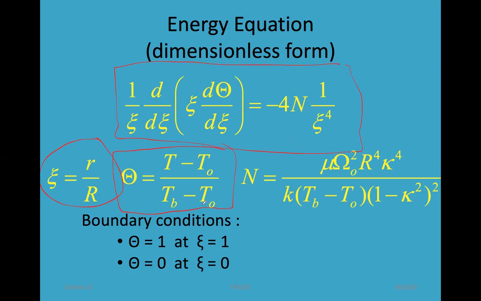And again, we always use theta as the dimensionless temperature, which is (T minus T_0) over the difference of temperature with these boundary conditions, and with N, which is a number containing mu, the angular velocity, R squared, and kappa, the ratio between the inner radius and the outer radius, and so on.